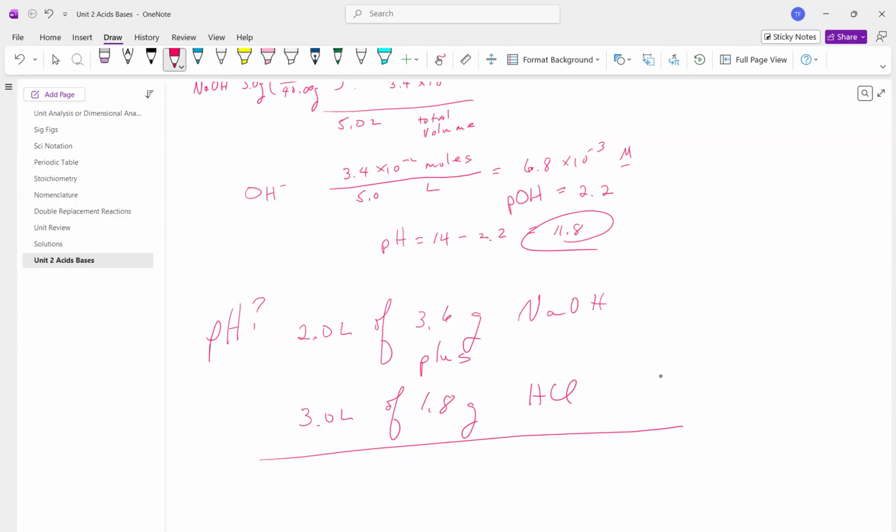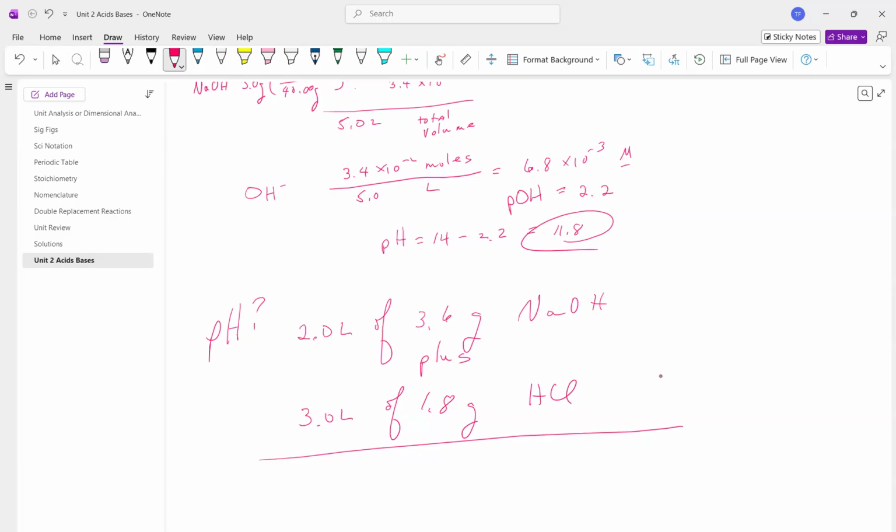So this is so simple. Excess, and then I divide it.